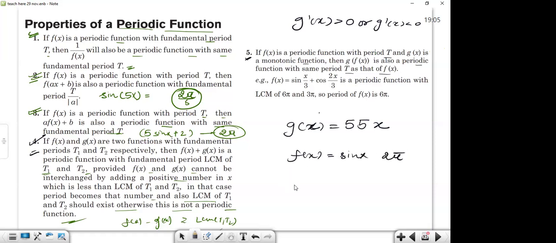So now 55 into sine of x is also a periodic function with the same fundamental period. Even if we take this other one, it will have period 2 pi only, because its derivative is 55 into 3 into x square, which is always positive because x square cannot be negative, and 55 into 3 is itself positive. So that's why this property is working. Clear?